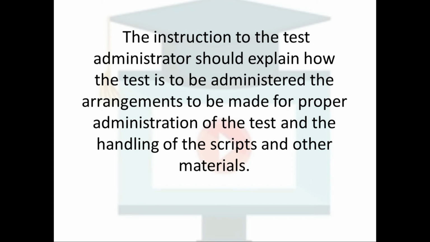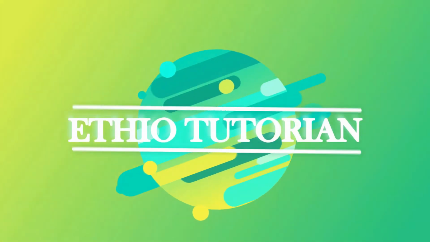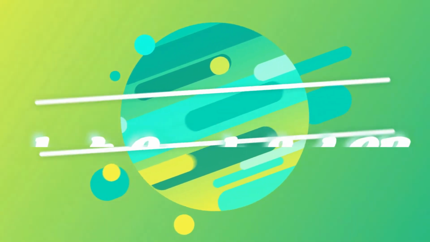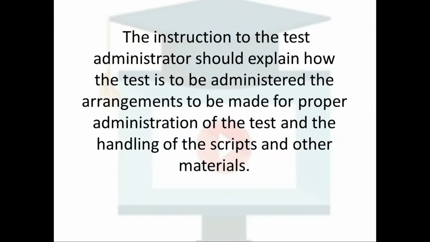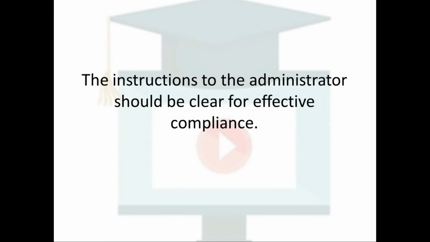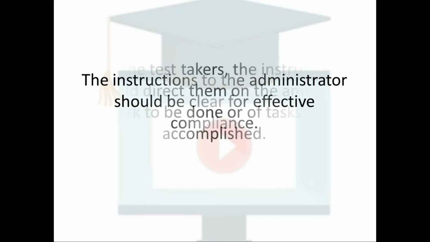The instruction to the test administrator should explain how the test is to be administered, the arrangements to be made for proper administration of the test, and the handling of the scripts and other materials. The instructions to the administrator should be clear for effective compliance.